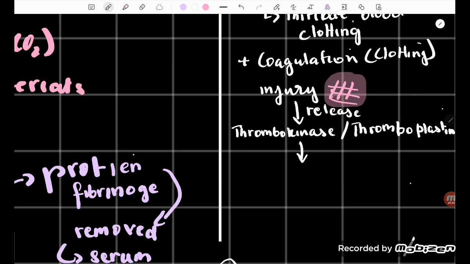Once that is released, what this does is it acts like a catalyst. So along with Ca plus, calcium ions, it converts prothrombin to thrombin.